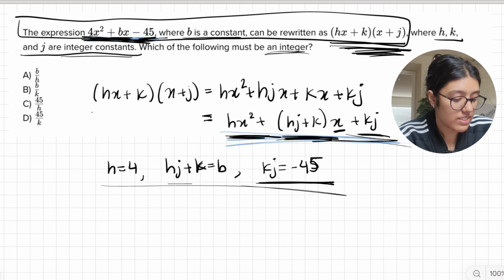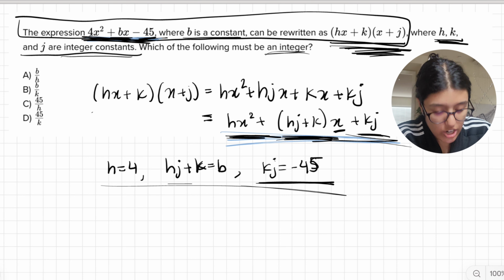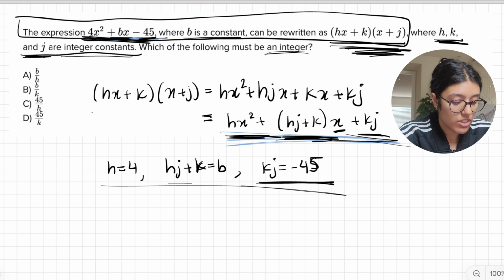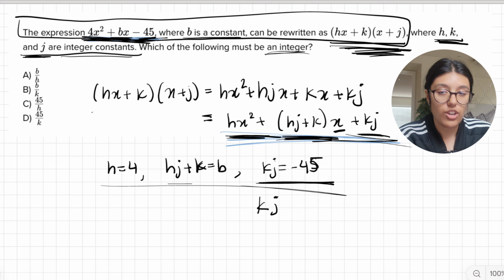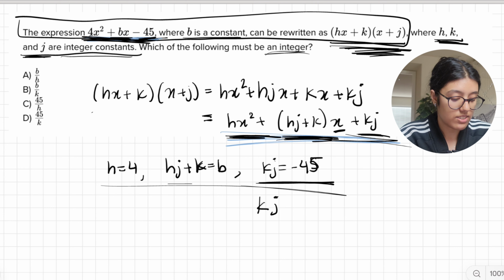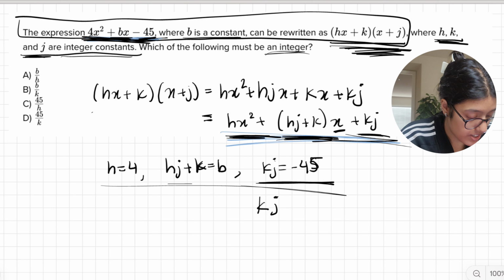In the question, they say h, k, and j are integer constants. So k has to be an integer constant, j has to be an integer constant. You multiply two integer constants together, you're always going to get an integer, negative 45.